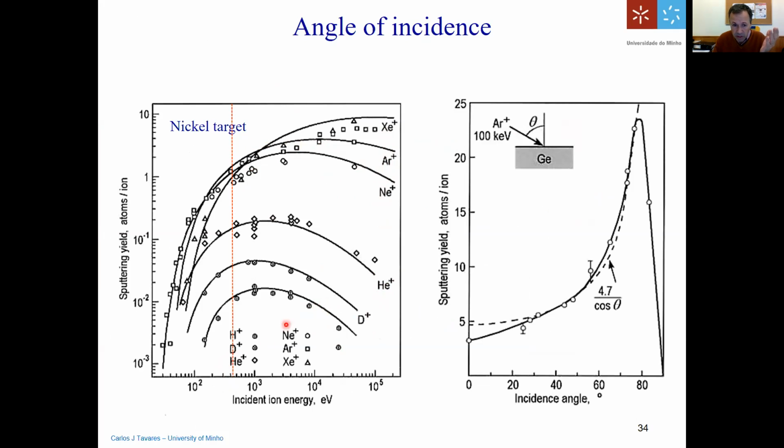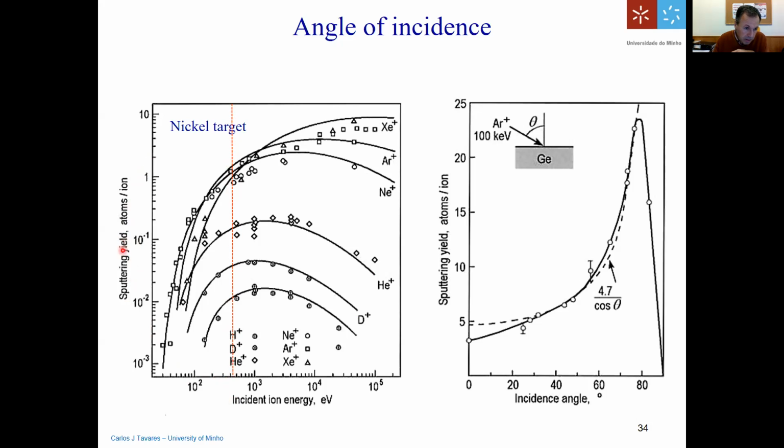Imagine that you want to work at around 400 to 450 volts, which involves using a potential of 400 to 500 volts between your target and your sample holder. So it's this red line that you see here.